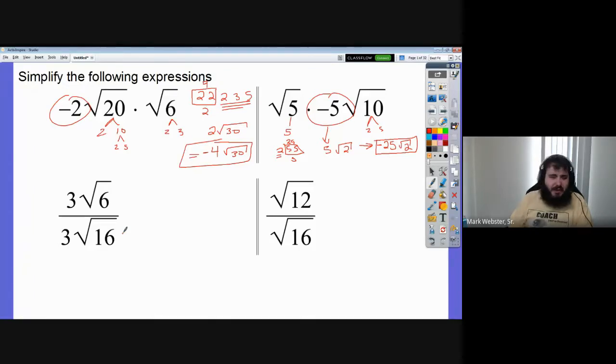Let your life be easy, right? Or if you see factors that you can cancel, take care of those, right? You've got a 3 on top and a 3 on bottom, they cancel out, right? 3 divided by 3 is 1, they go away. 16, you know that the square root of 16 is 4.